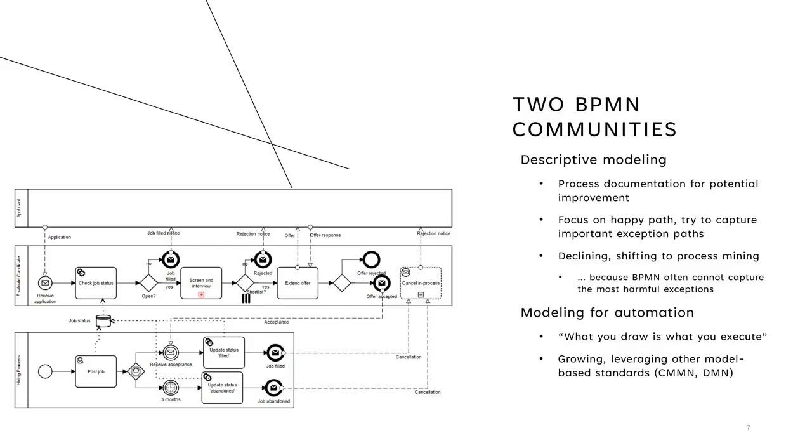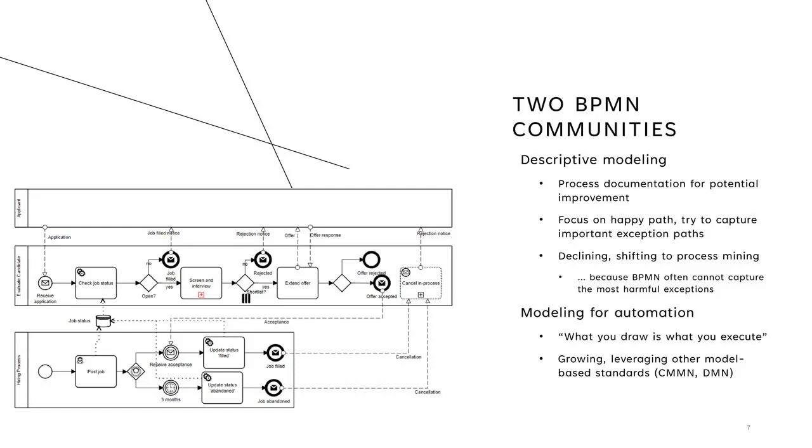There are actually two distinct communities of BPMN users. And it's interesting that they interact rarely, hardly at all, actually. One uses BPMN purely for process documentation, description. They have no interest in automation, just for documentation and analysis.